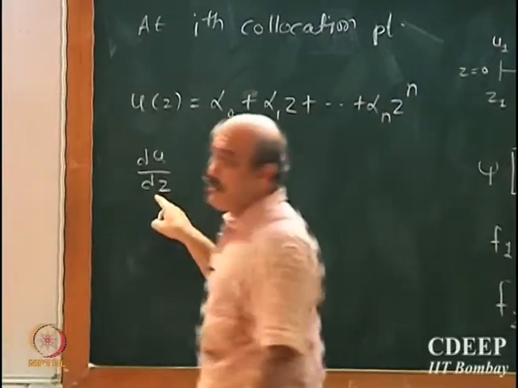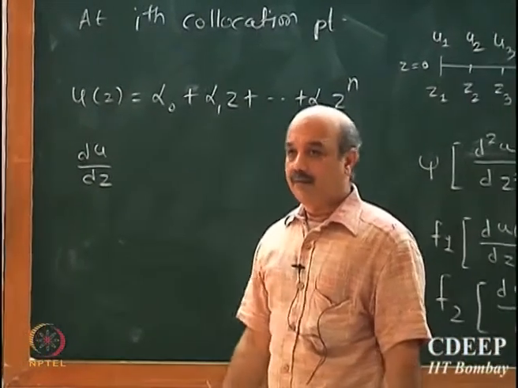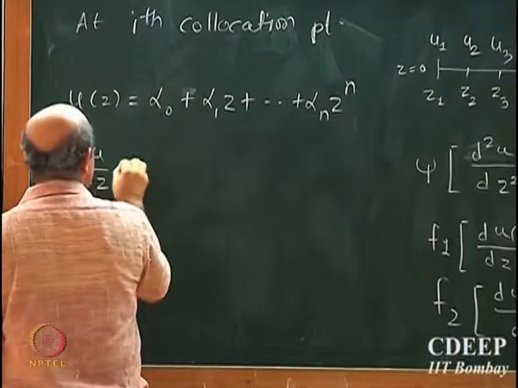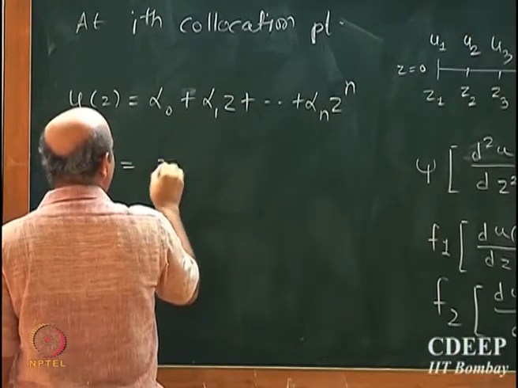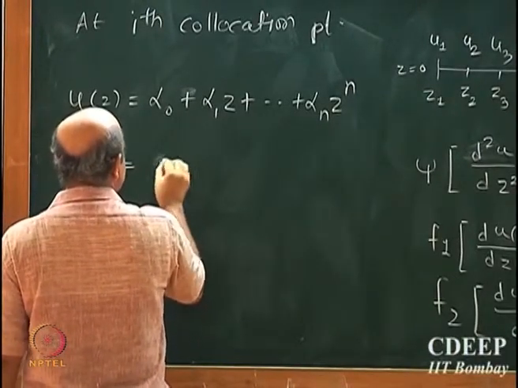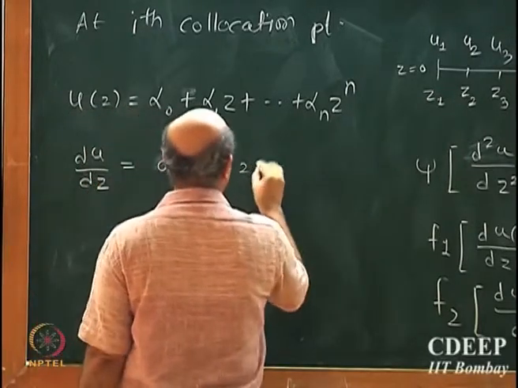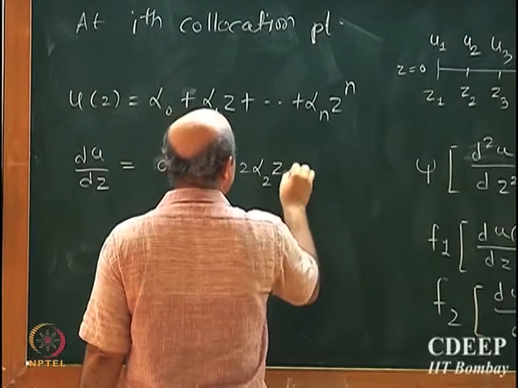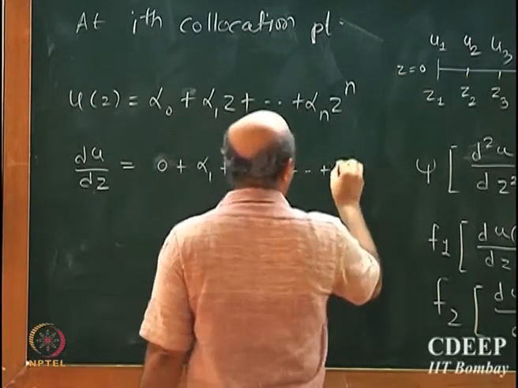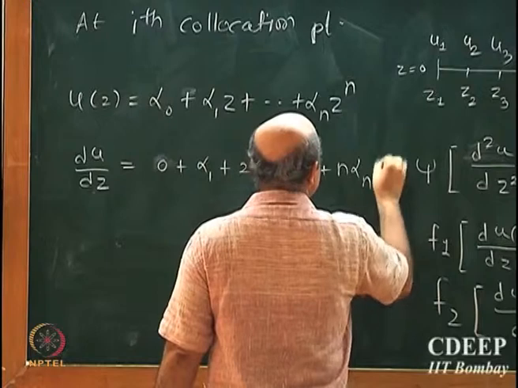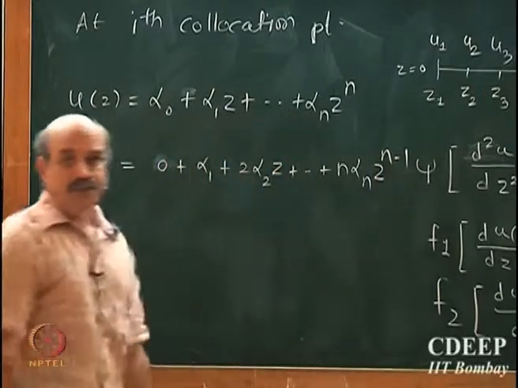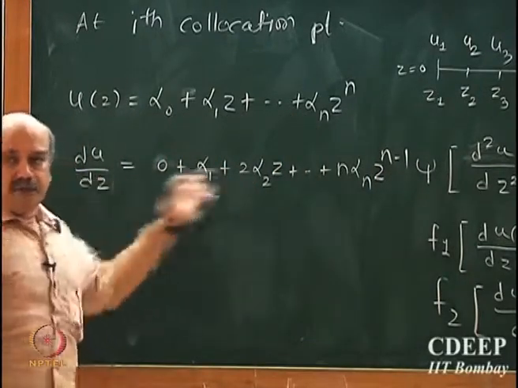What is du/dz? du/dz is 0 plus alpha 1 plus 2 alpha 2 z up to n alpha n z^(n-1). Everyone with me on this?